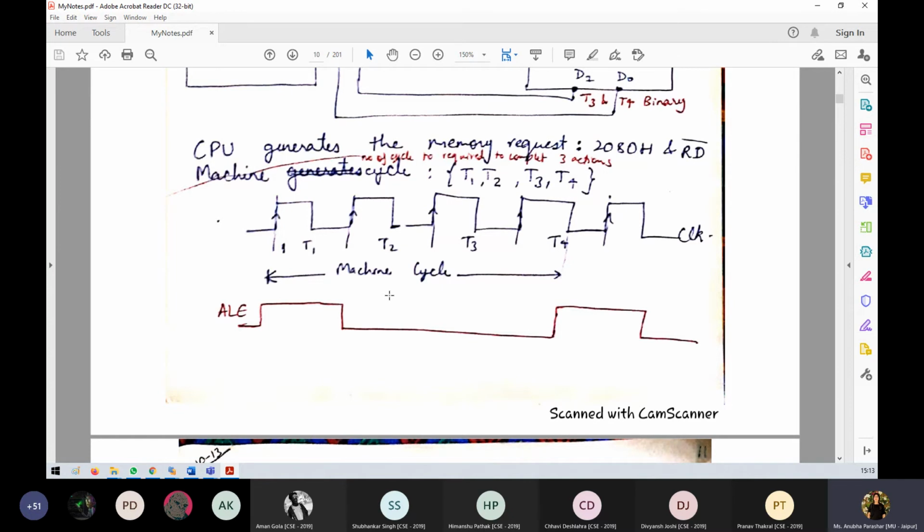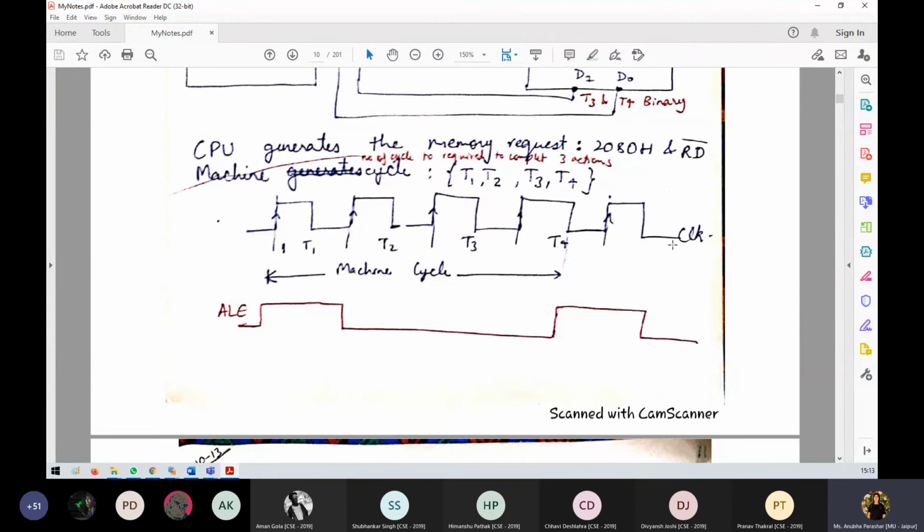It has to fetch, then decode, and execute. All these cycles could be represented by the machine cycle, or you can say memory cycle, or you can also say pipelining. In pipelining, we'll be studying how these memory operations are happening.